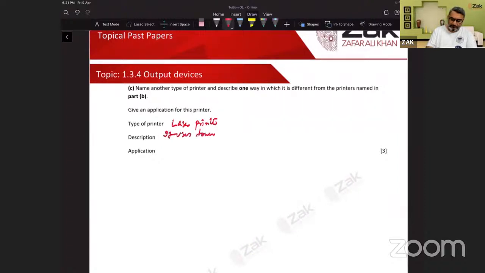अच्छा, अब हमारा डिस्क्रिप्शन क्या है। It uses toner ink, all right. It uses rotatable chargeable drums, static charges। अच्छा, ये सिर्फ 3 मार्क्स का है, इसलिए आपको ज्यादा लिखना नहीं है। Faster printing, it has application in faster printing.